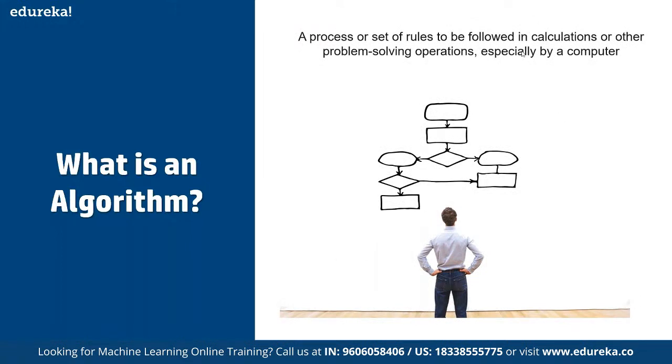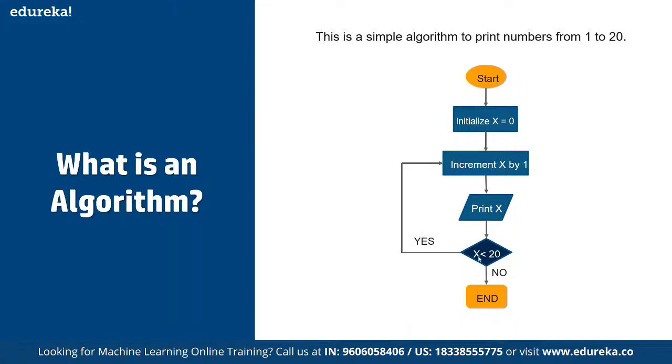So that exactly is what we discussed: a process or set of rules to be followed in a calculation in a given sequence. For example, let's say you want to print the numbers from 1 to 20. First of all, we initialize x to be equal to 0. Then we increment x by 1. Then we print x. Now, if the x value is less than 20, then again it is going to increment it by 1, and then print x.